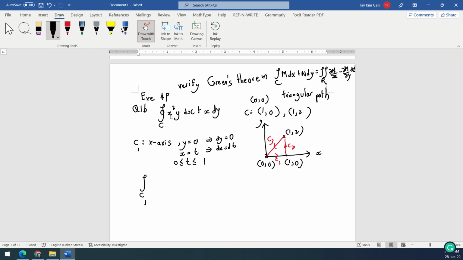So replace x by t. X squared will be t squared, y is 0, and dx is dt. First term, because y is 0, is gone. And then plus x, which is t, times dy, which is 0. That's why the line integral along the curve C1 is 0.